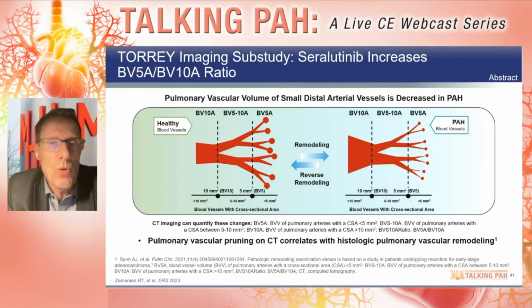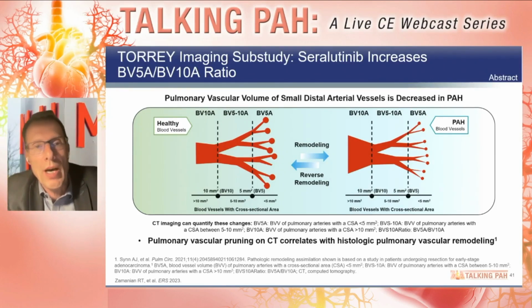It's new imaging technology, CT imaging that looks at pulmonary vessels, also without using contrast medium. And what they've done here is quantifications of larger, medium-sized, and smaller vessels before and after exposure to seralutinib.